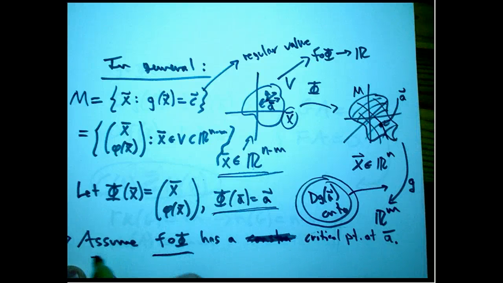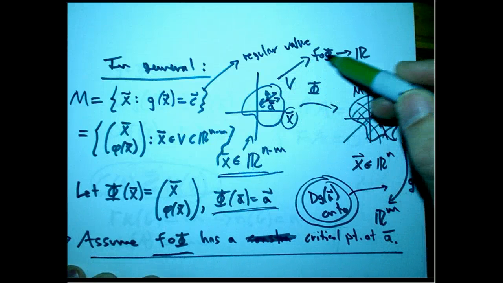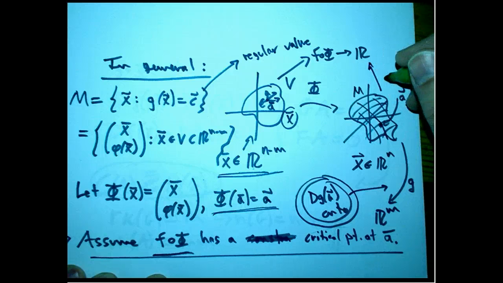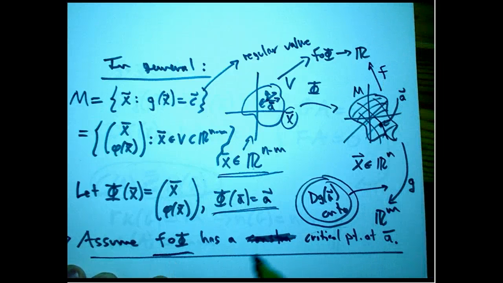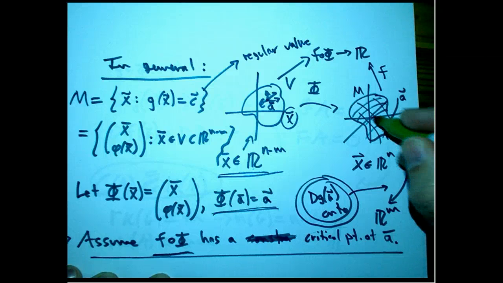And again, the crucial thing is we've got some other function, f. So f goes off to R, and we want to assume that this point is a constrained critical point. Most likely, we're interested in it because it's a constrained extremum, but really, it's more about critical points here. Well, what does it mean to be a constrained critical point? It doesn't mean that in all directions you get zero derivative.